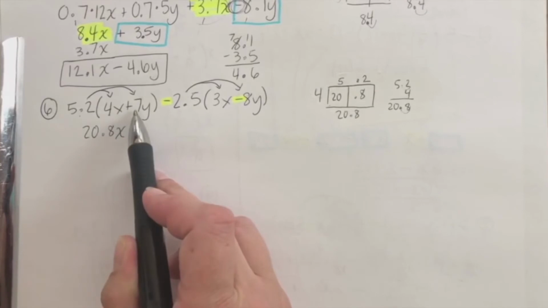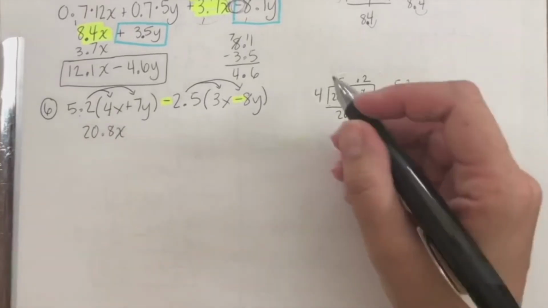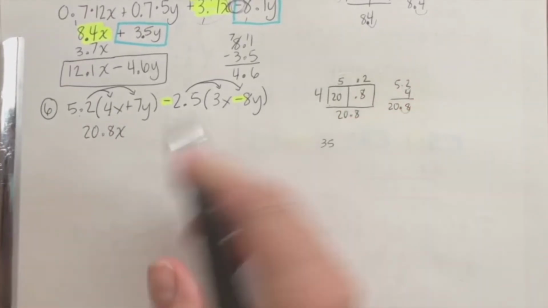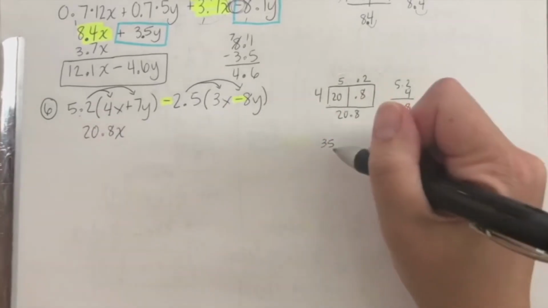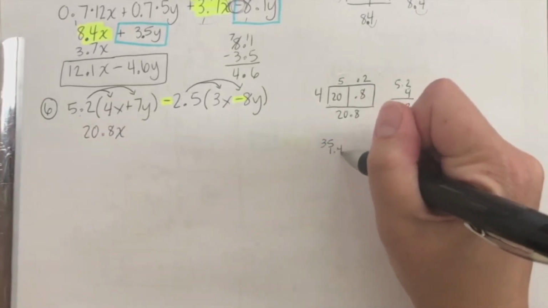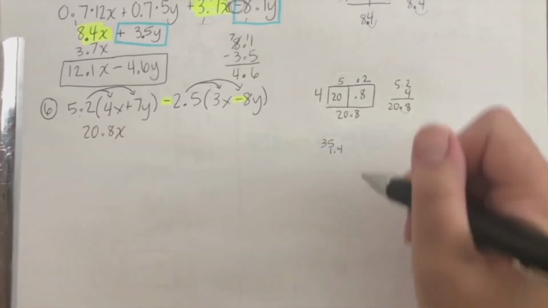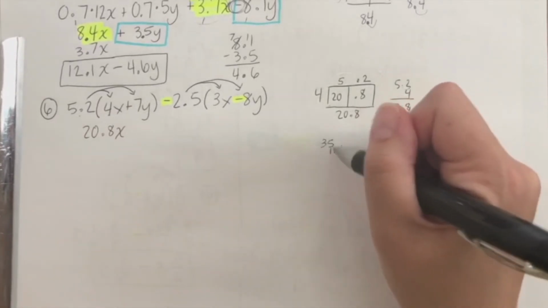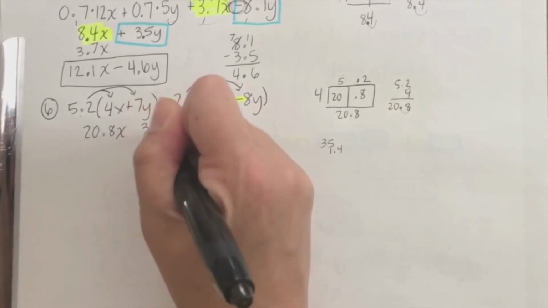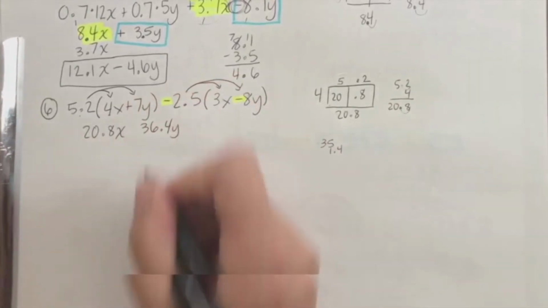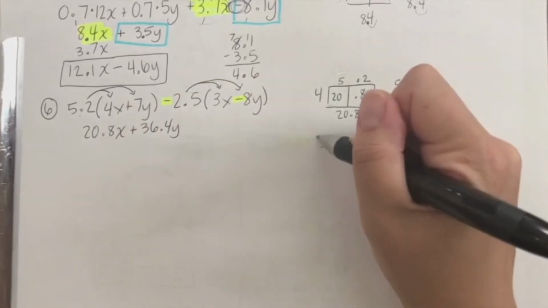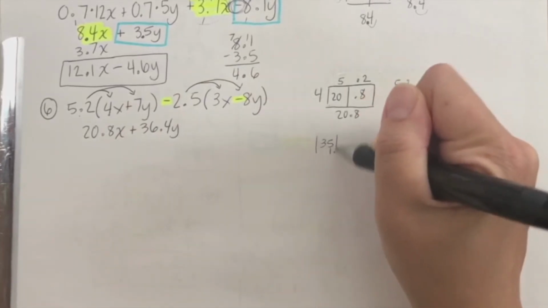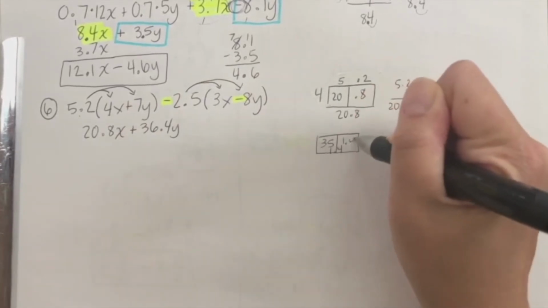5 times 7 is 35. Okay, 2 and 7 is 14. So that would be 1.4. So we'll have 36.4. Let's try it. And so this is kind of my generic rectangle right here, 1.4.